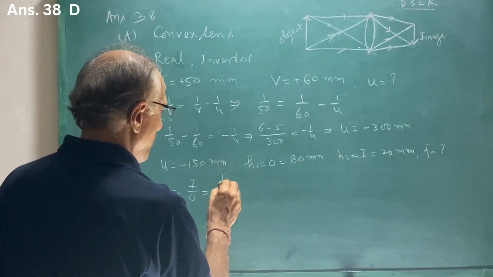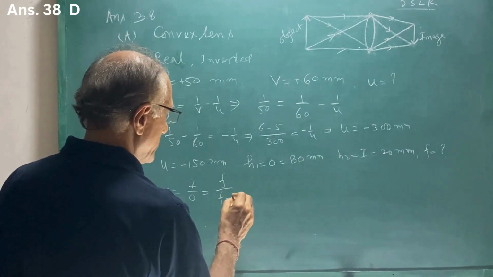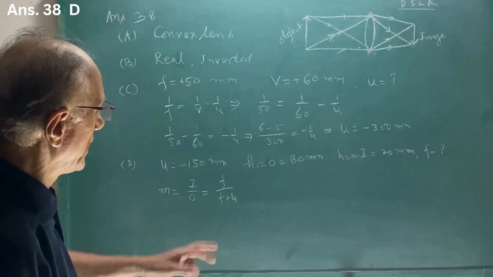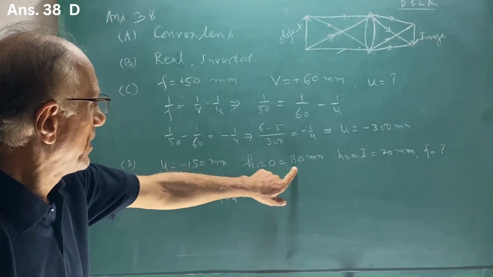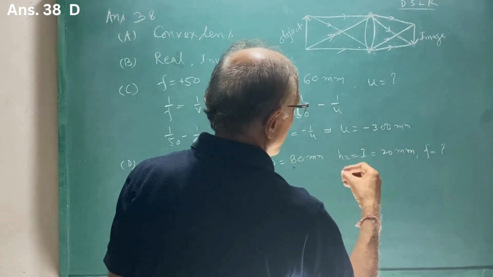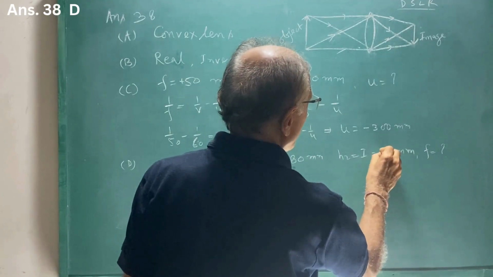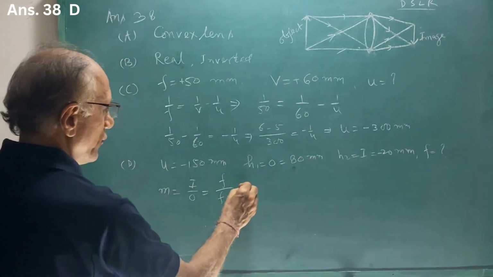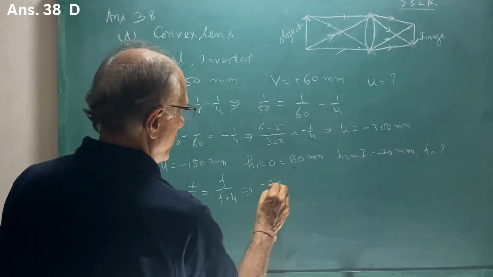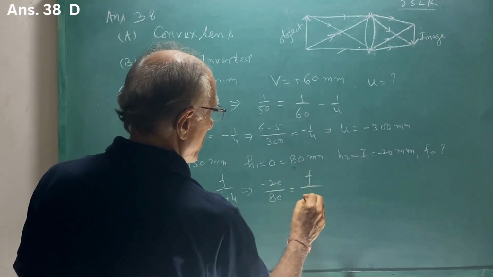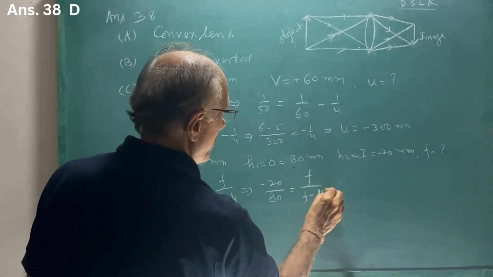So we have F upon F minus or plus U. So here H1 is 80, and H2 is, since inverted, minus 20. Substituting the values, we have minus 20 upon 80 equals F upon F minus 150.